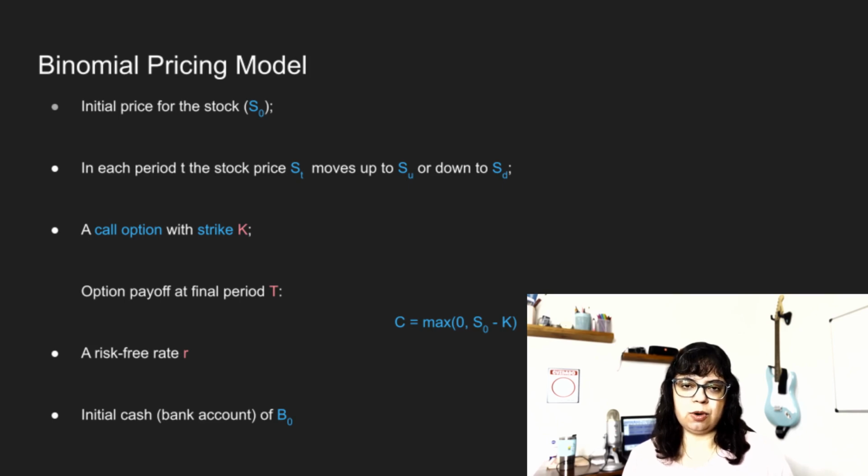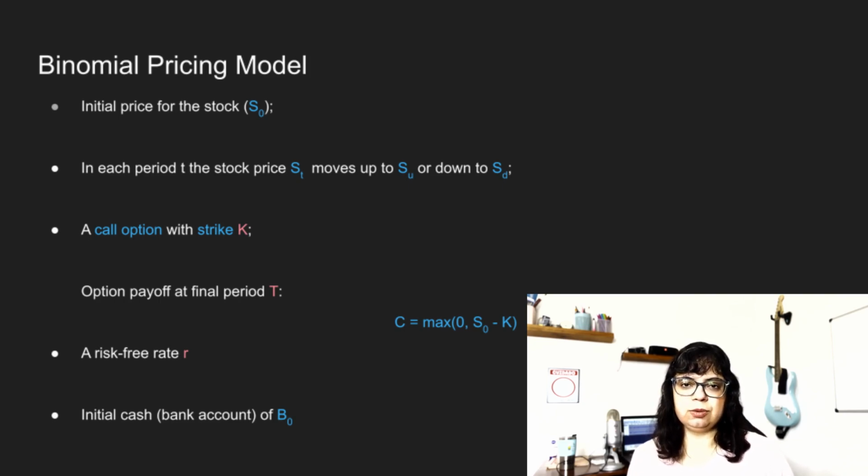We are going to call the strike of the call option K. As we know, the payoff of the option in the final period will be the maximum of 0 and the difference between the stock price and the strike of the option.